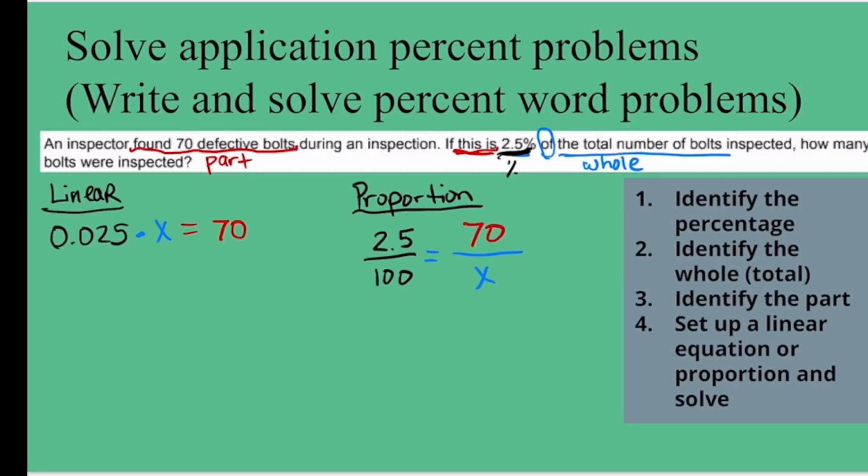So I'm going to solve this as a proportion first. 2.5 times x is 2.5x, and that's going to equal 7,000. Since I am multiplying by 2.5x, I need to divide by 2.5. So x is 2,800.